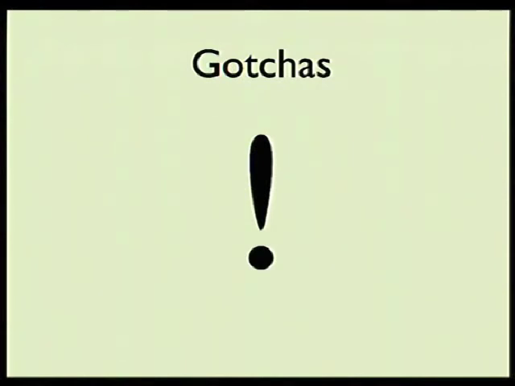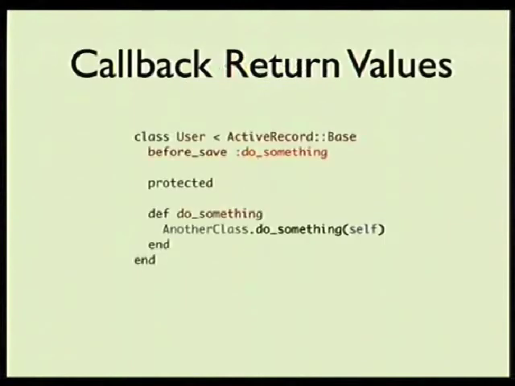Now some gotchas that people run into a lot, and some of this can make you want to pull your hair out until you find the root cause. Be real careful with return values and callbacks. If you return false in a callback, it will terminate the chain.